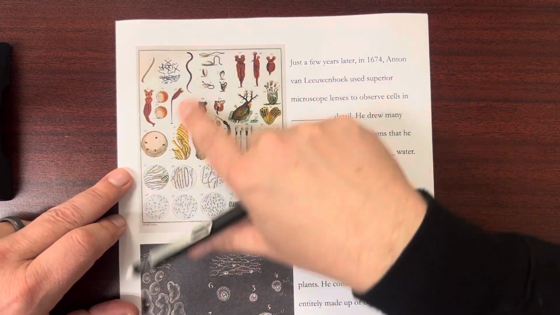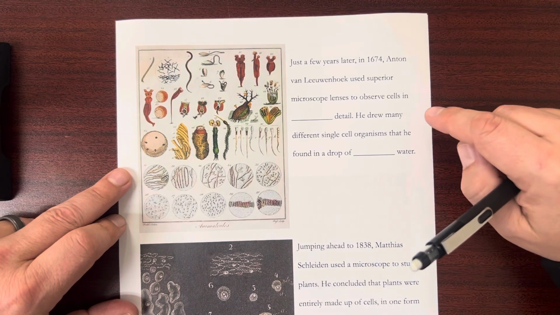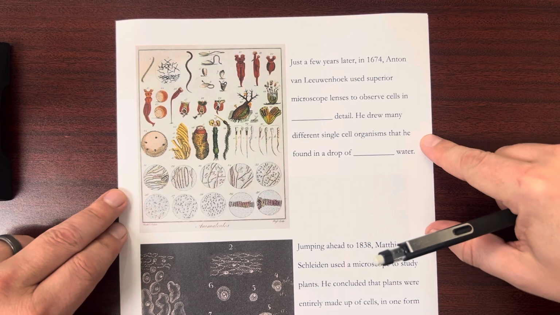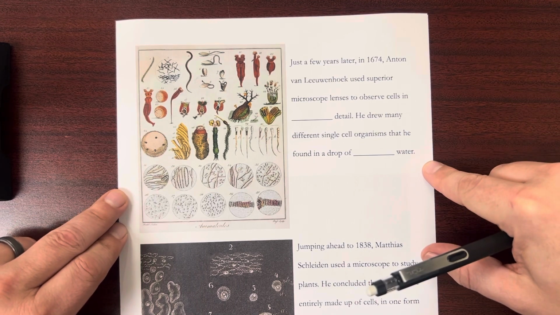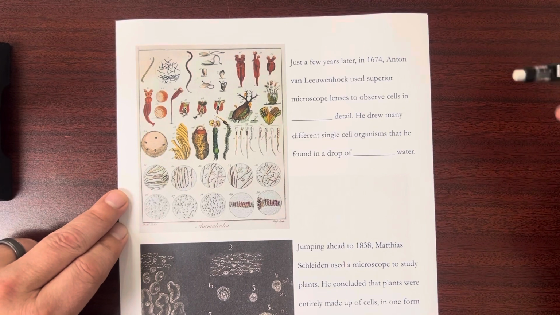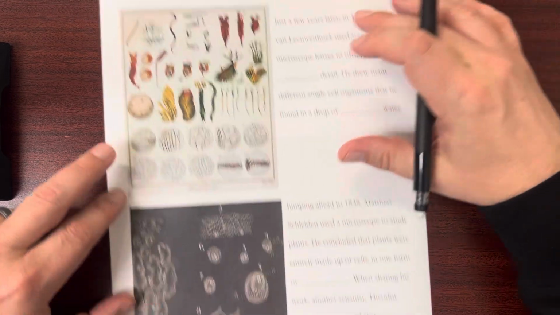So he's able to see much more clearly what he's looking at compared to Robert Hooke. He drew many different single-celled organisms that he found in a drop of pond water. Pond water is like a really regular source of looking at single-celled organisms or microscopic organisms.